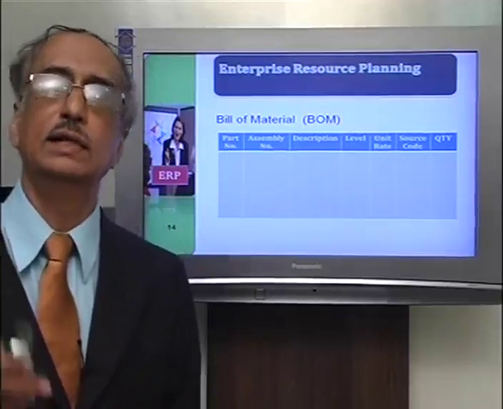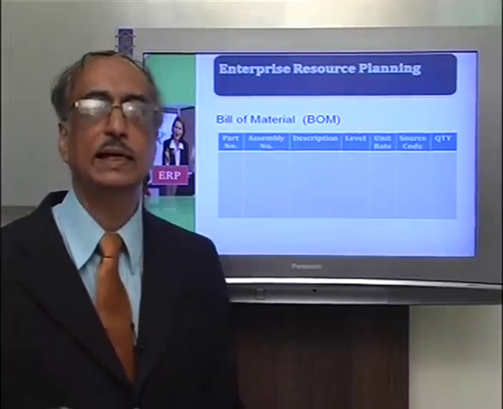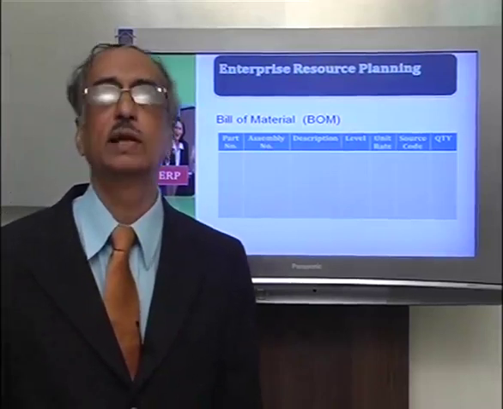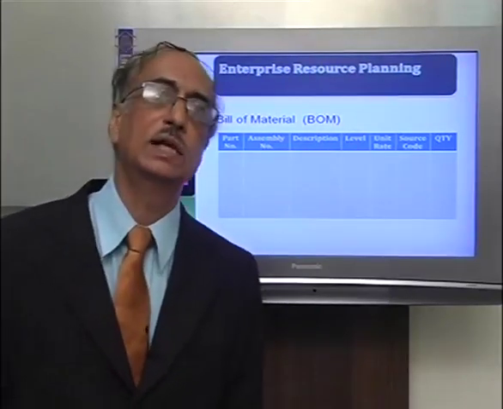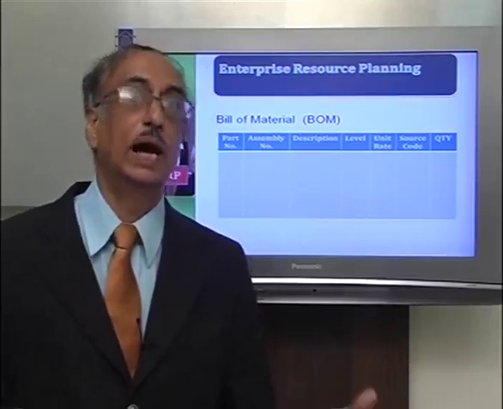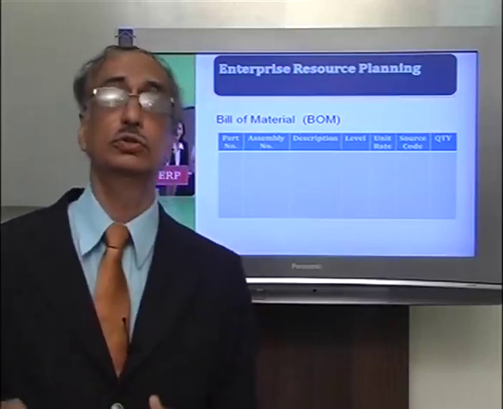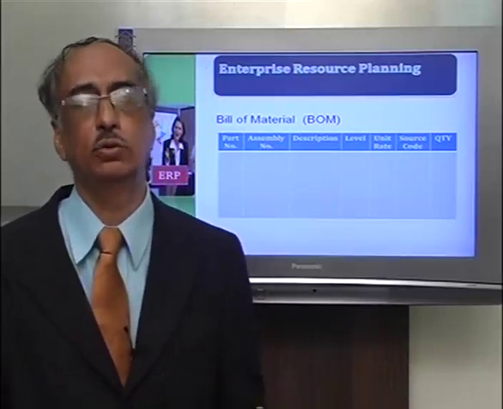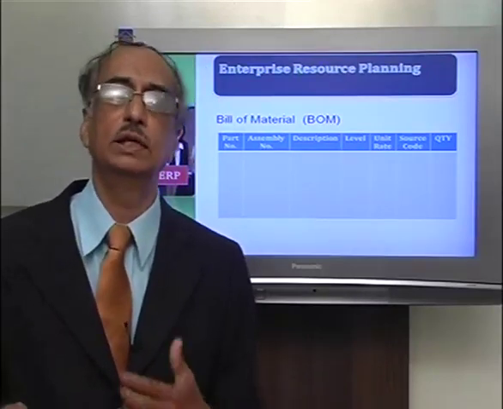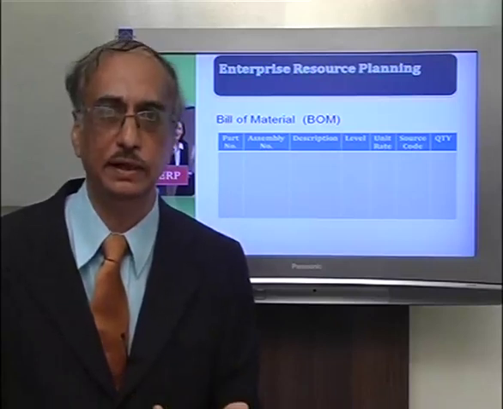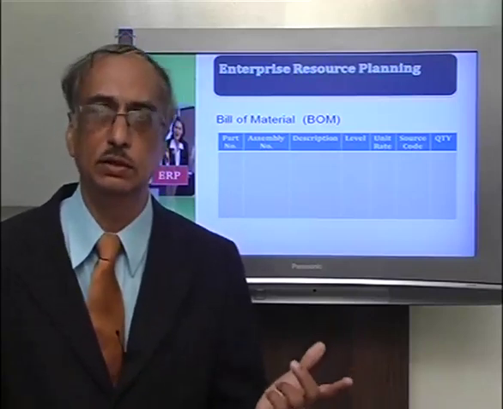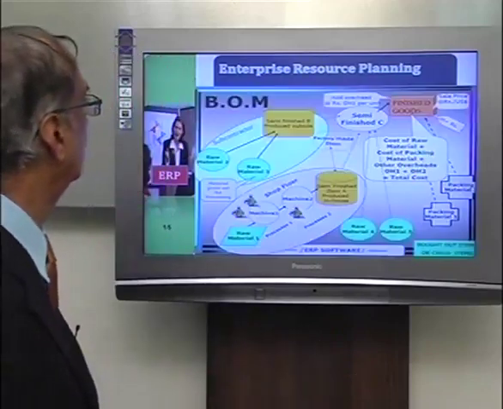If I am making or manufacturing that part in house, it is source code 3. If I am outsourcing that part, subcontracting it with my material, it is source code 4, and so on. So the coding is based on whether I am importing, purchasing, making in house or subcontracting.